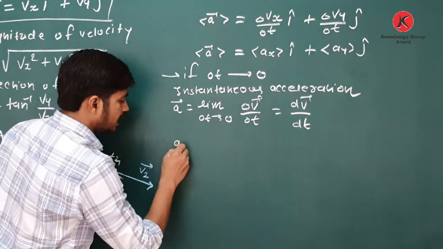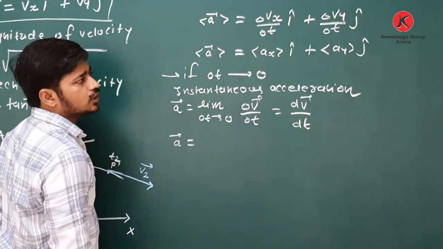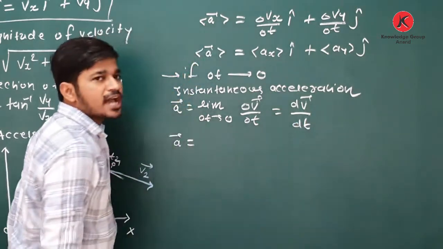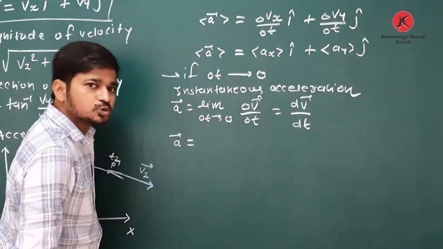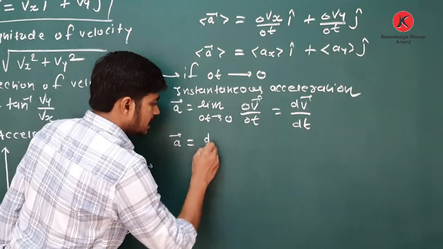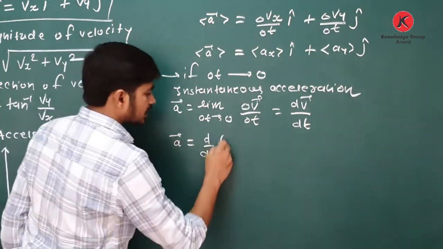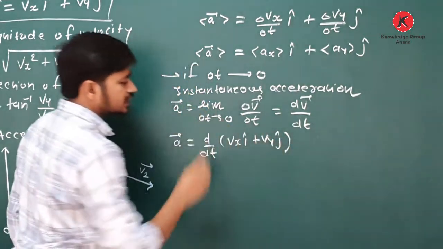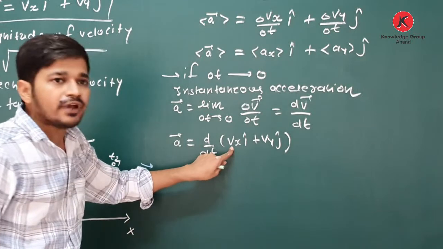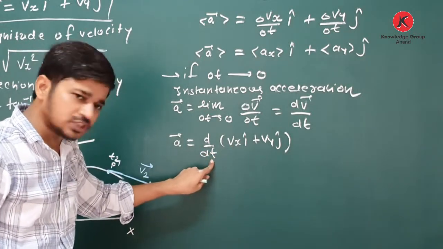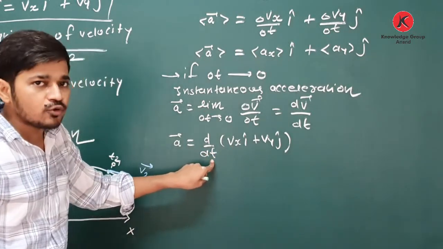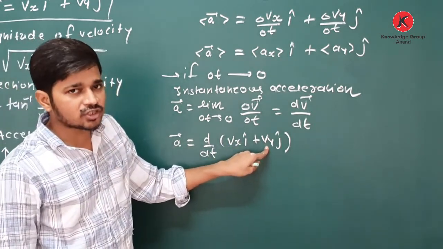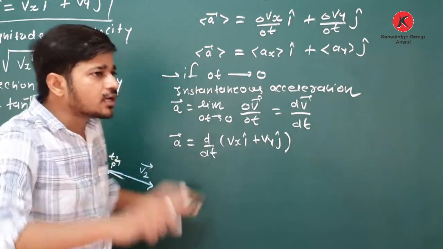If you take the derivative of velocity with respect to time, what will you get? d upon dt of v, which is vx i plus vy j. The derivative of the x component of velocity with respect to time gives the x component of acceleration. The derivative of the y component of velocity gives the y component of acceleration.